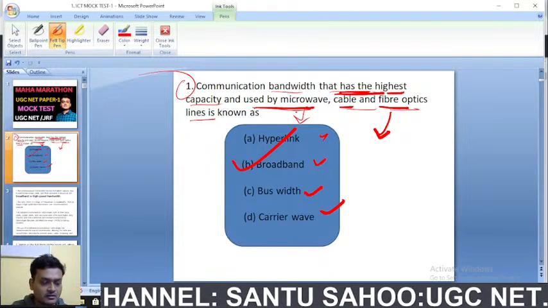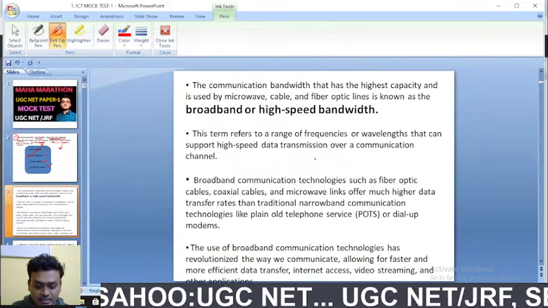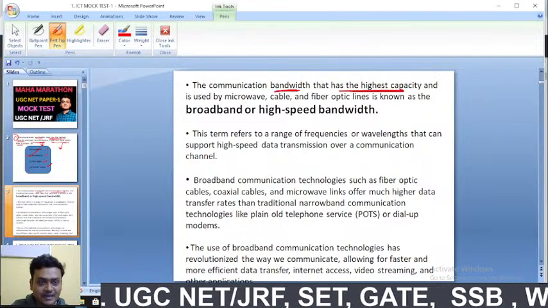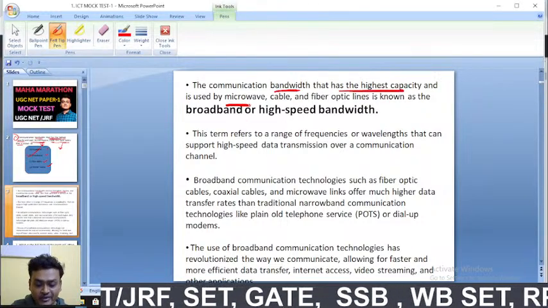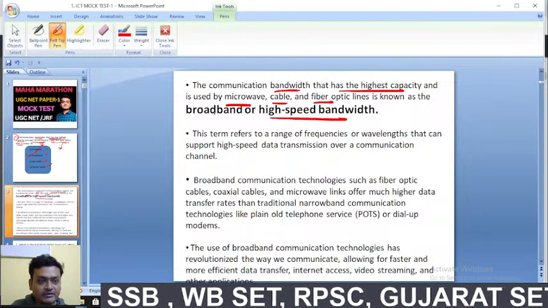It's broadband. Broadband is the answer here, you see. The communication bandwidth that has the highest capacity, used by microwave, cable and fiber optics, is high speed bandwidth or broadband.